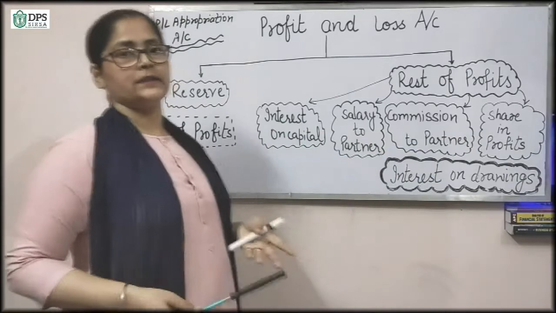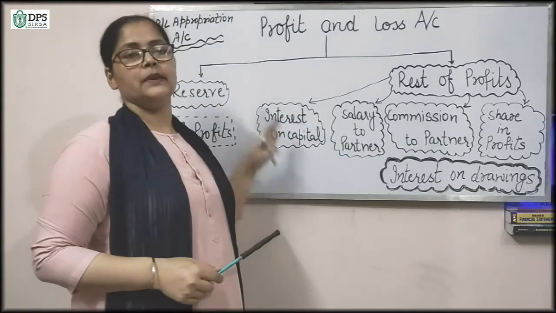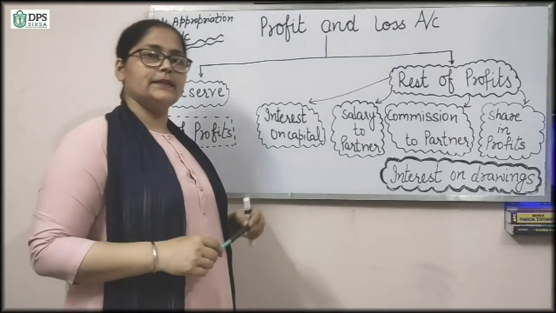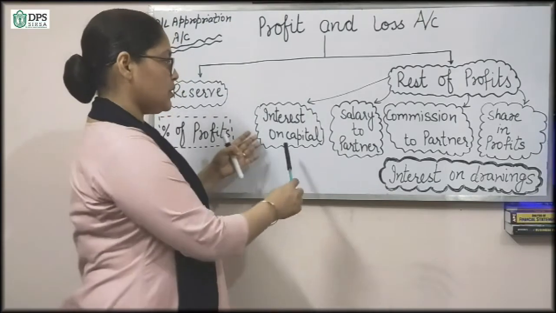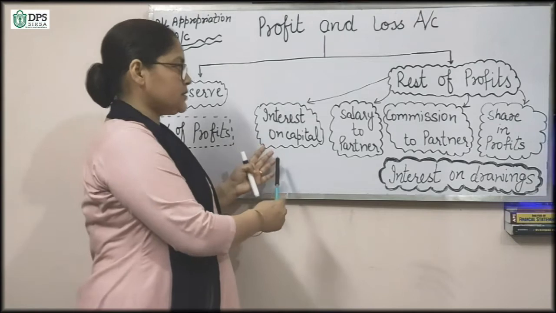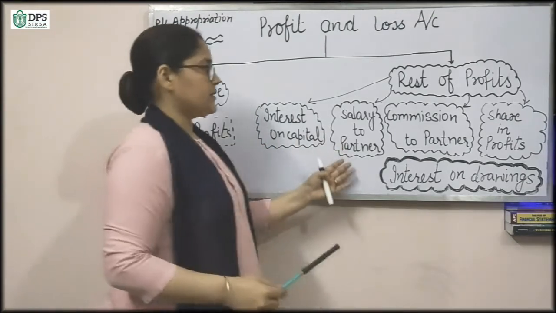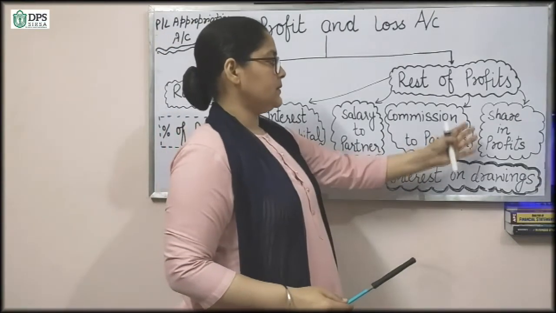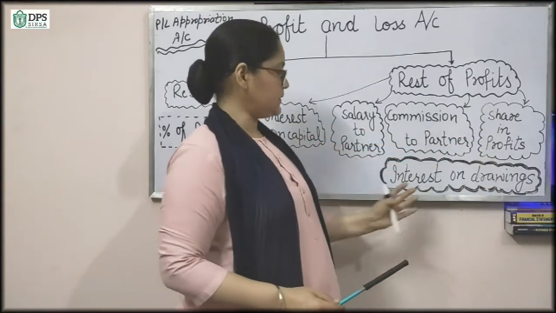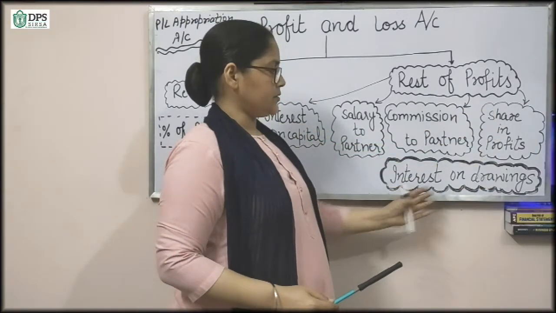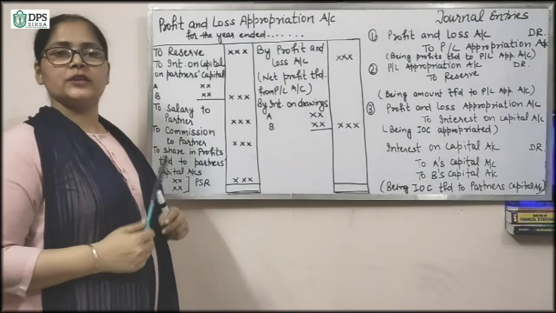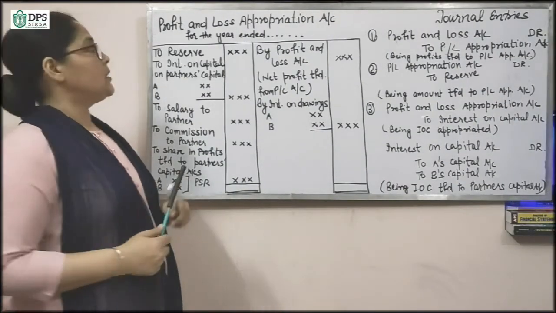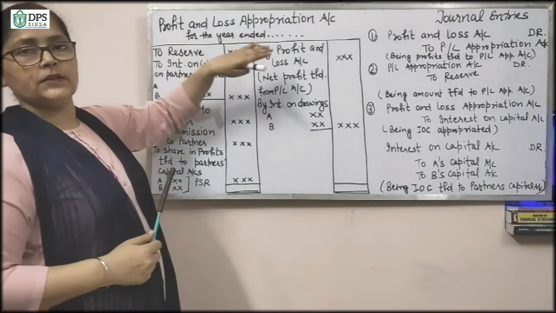How can we write these items in P&L appropriation account, and the journal entries of the P&L appropriation account, or we can say the journal entries of interest on capital, salary to partner, commission to partner, share in profits and interest on drawings. Profit and loss appropriation account is made at the end of the year.